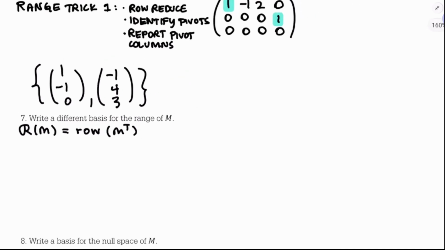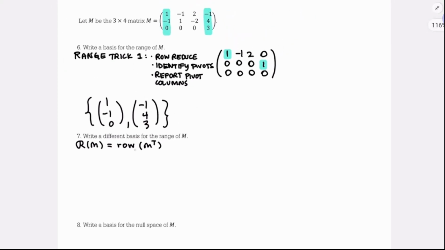I'm going to need to zoom out and copy down M transpose, which equals 1, -1, 2, -1, 1, -2, and 4, and then 0, 0, 0, 3.